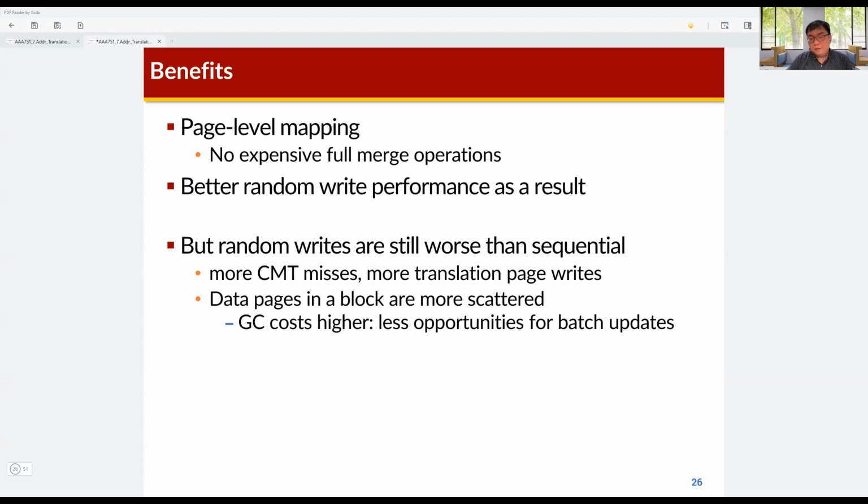But what is the benefit? The benefit is it's good for random write, because basically Dftl is page level mapping.